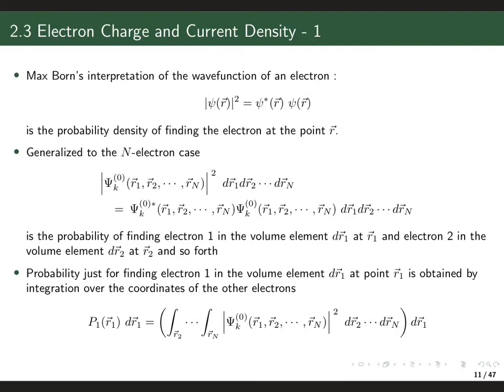So this is the probability of finding all the electrons, each of them at one particular point in space.